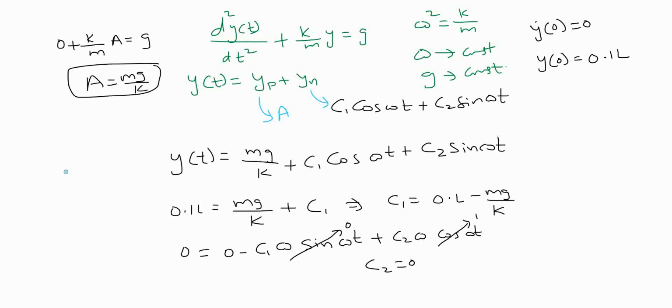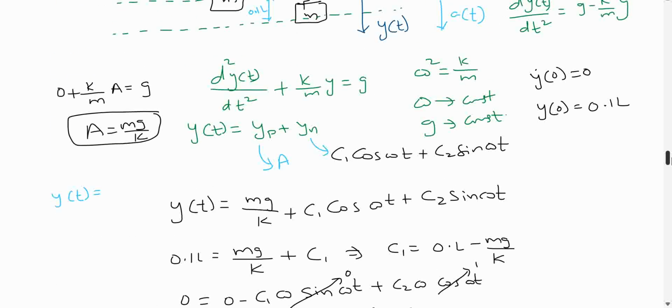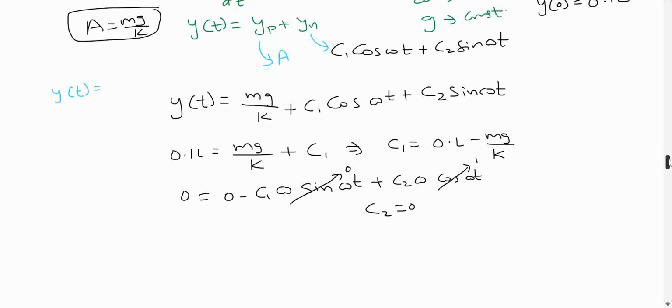So overall we can write y of t, let me write neatly here. y of t is equal to mg by k plus, C1 is, sorry, 0.1 L minus mg by k, multiplied with cos omega t.